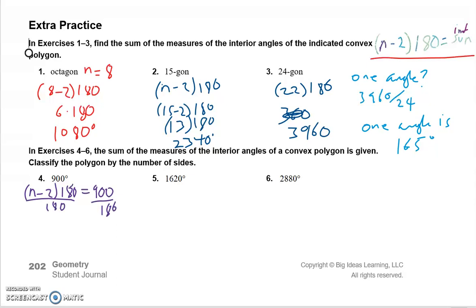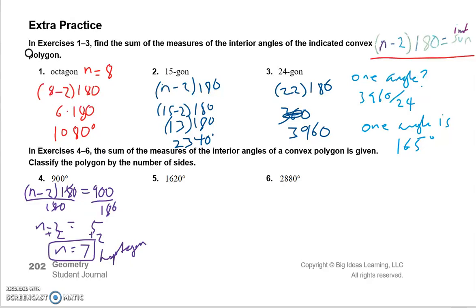N minus 2 equals 900 divided by 180, which is 5. So n minus 2 is 5. Add 2 here, so you get n equals 7. So n is 7. I think it's a heptagon.